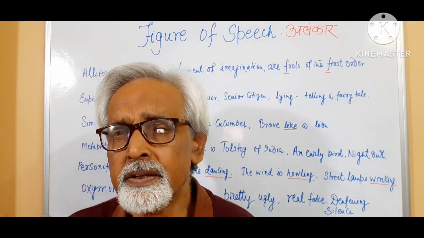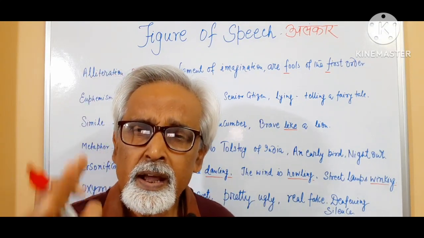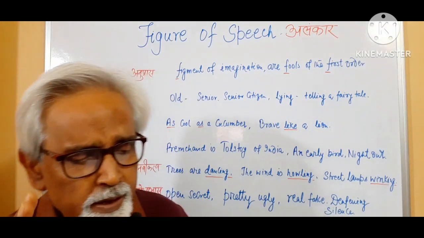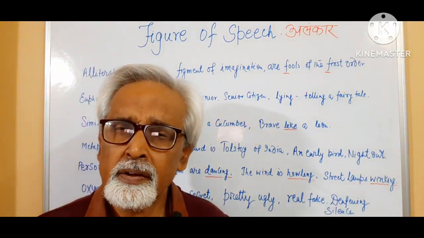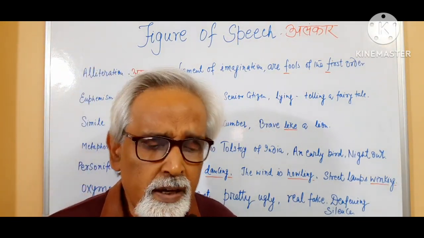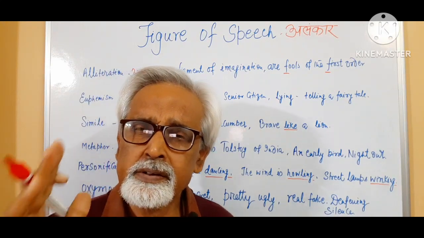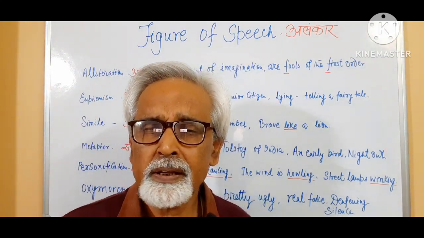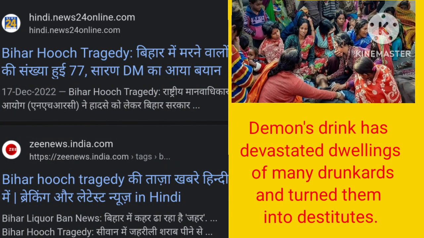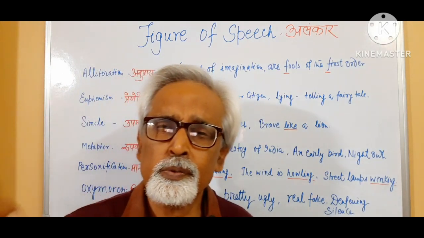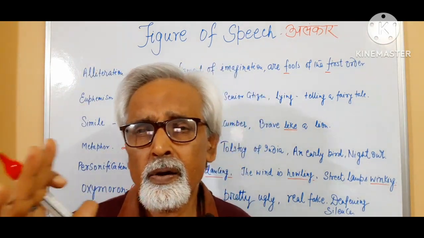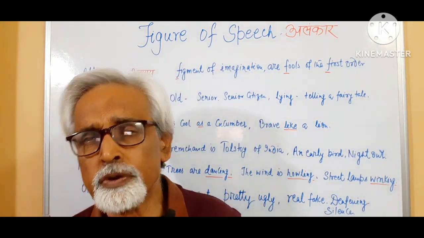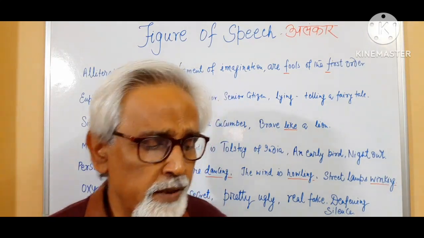Dwellings means रहने की जगह. Demon's drink has devastated many dwellings of the drunkards and turned them into destitutes. मीन्स शराब ने बहुत सारे घरों को, बहुत सारे शराबियों के घरों को बर्बाद कर दिया है और उन्हें डेस्टिट्यूट मीन्स अभावग्रस्त बना दिया है.